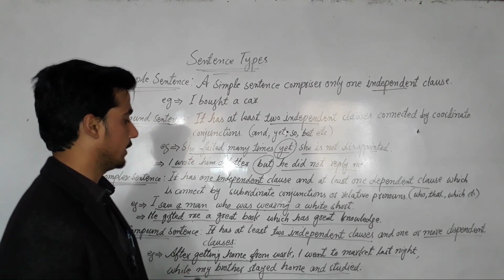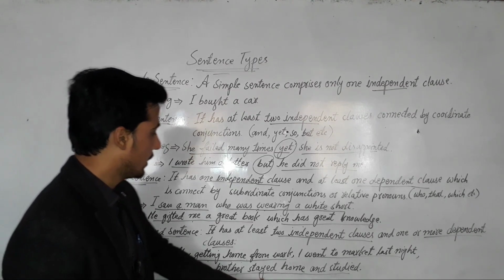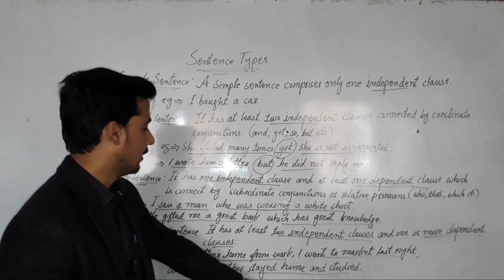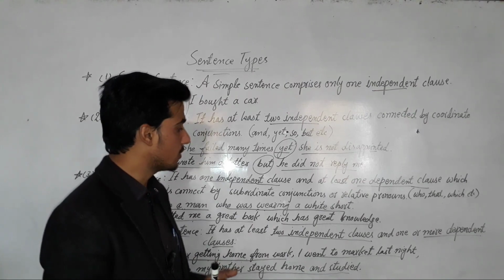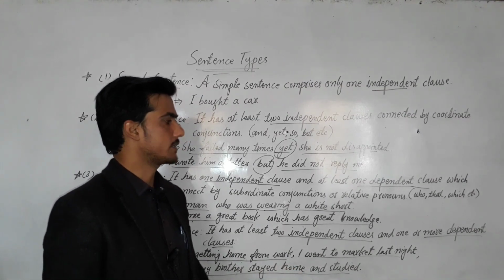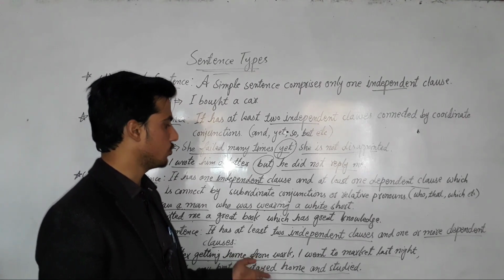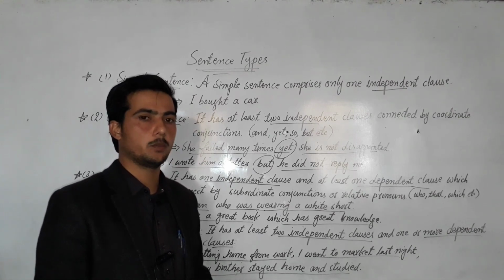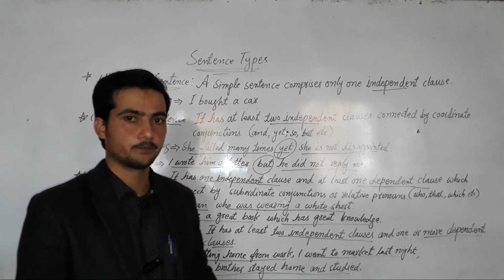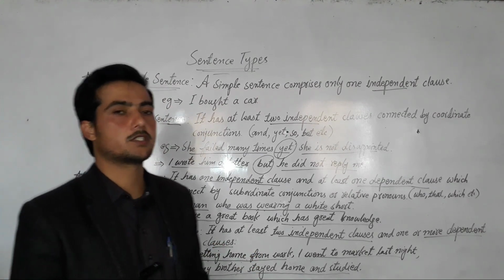So we came to know that this sentence is a complex compound sentence which consists of two main clauses and one dependent clause. It can also be more than two, but sometimes it seems very weird. So I think two or more independent or dependent clauses will be appropriate. Okay, this was our lecture, and I hope that you learned it.